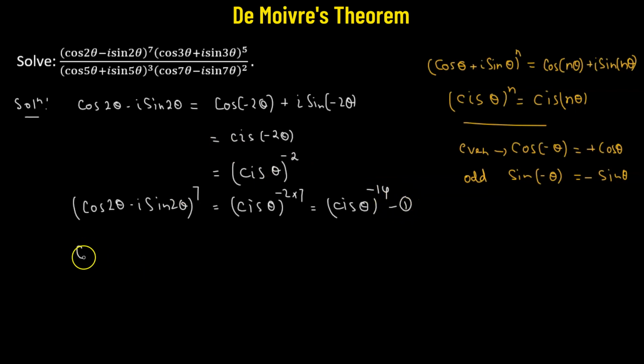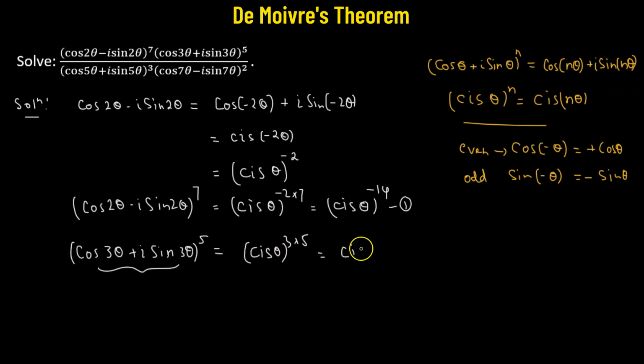Then coming to the next expression, cosine of 3 theta plus iota times sine 3 theta raised to the power of 5. So this becomes equal to cis of theta raised to the power of 3, from the inner expression, and this will be raised to the power of 5. So that means 3 times 5. So we have cis of theta raised to the power of 15.